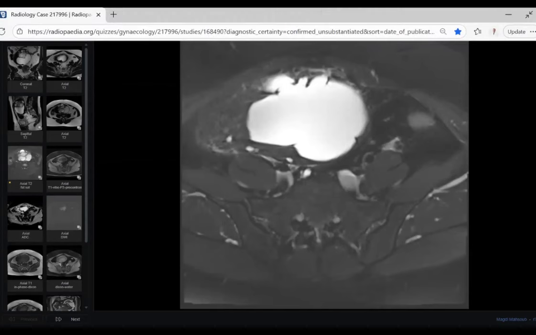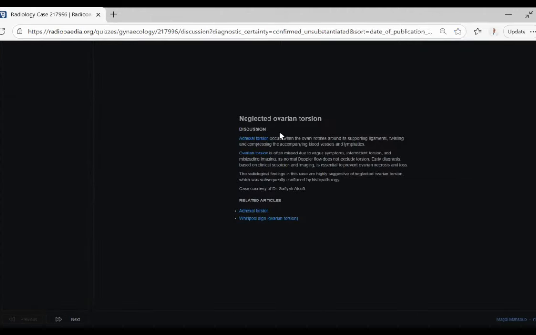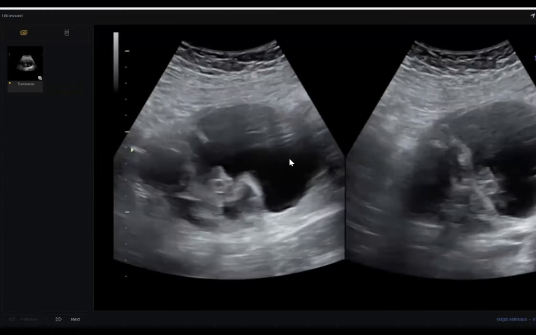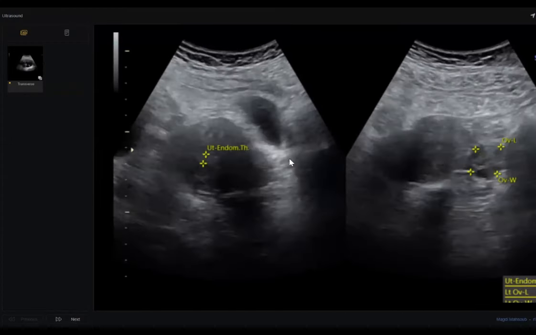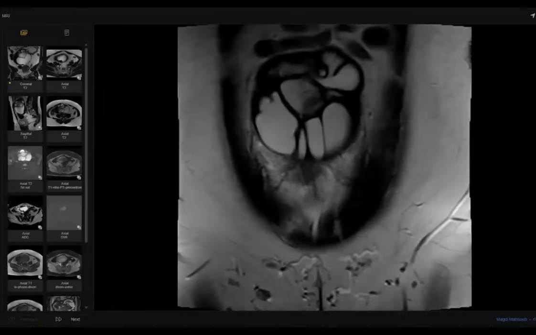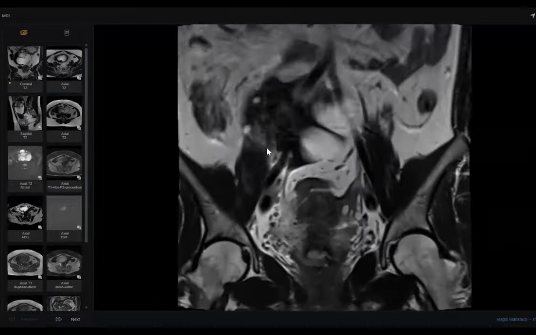Okay, my colleagues, it was a neglected ovarian torsion. Not only torsion, neglected torsion. This is the ultrasound, by the way, and this was the MRI. Any questions, my colleagues?